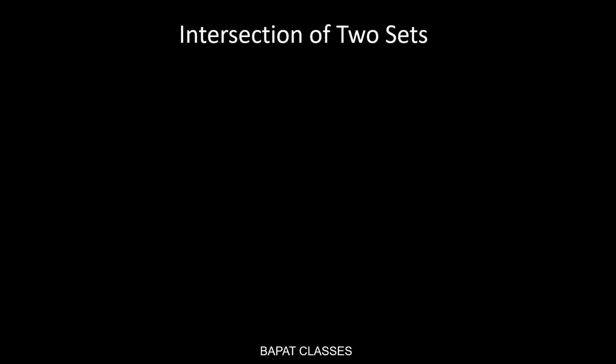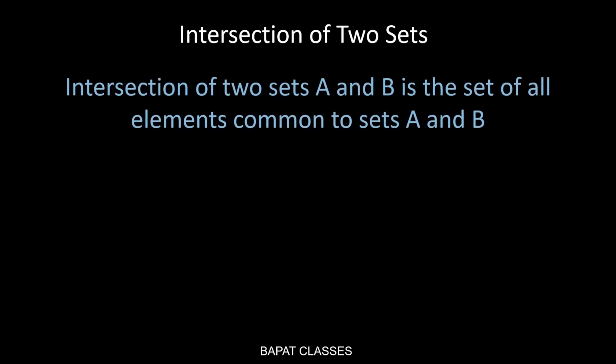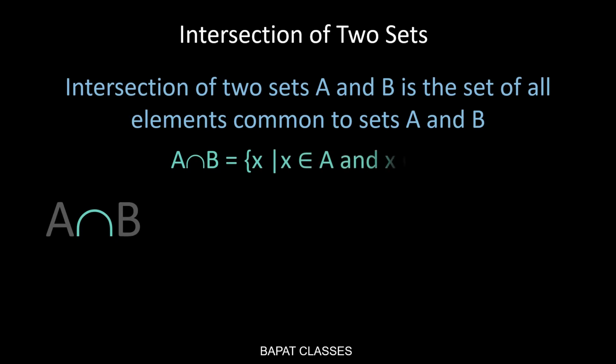Intersection of two sets. Intersection of two sets A and B is the set of all elements common to sets A and B. Intersection is denoted by symbol inverted U. Set builder form of A intersection B is the set of all x such that x belongs to A and x belongs to B. Here, AND is logical operator.